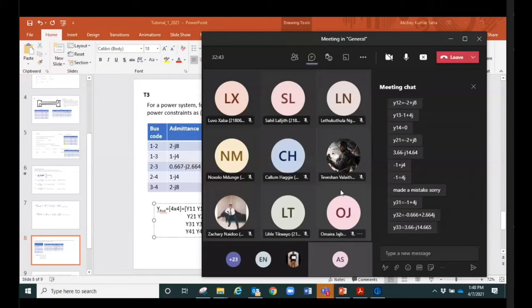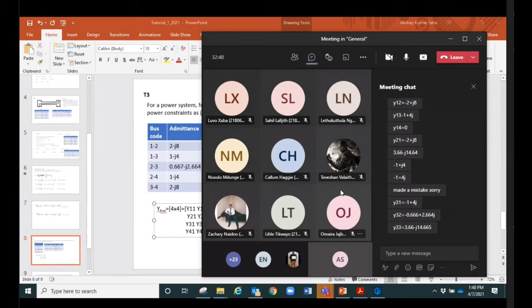To start the calculation, we assume delta 2 to be 0 because it's not defined, so we can assume. So what is our equation?